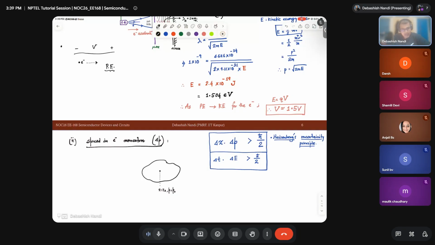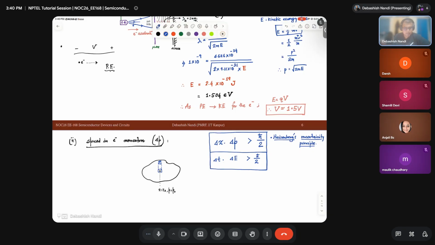Then what Heisenberg's uncertainty principle states is that if I want to measure the position of the particle, there will be some error associated with it. This error is your delta x, right?